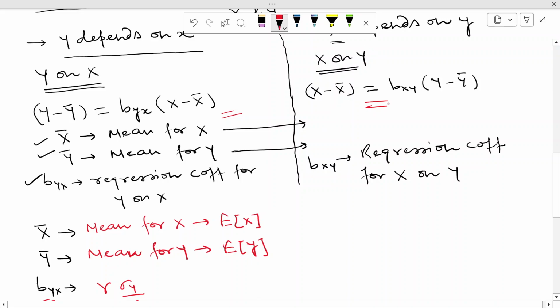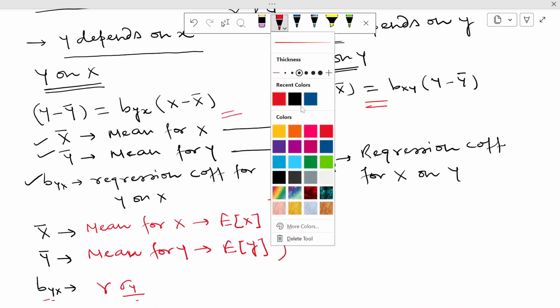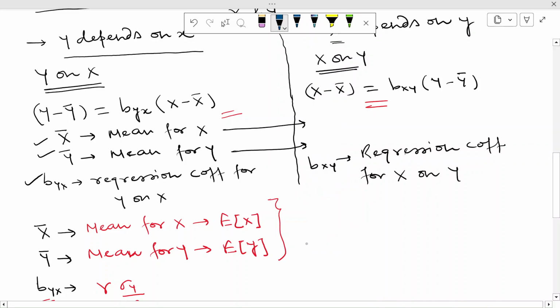So now coming back to this second line, which is x on y. Here x bar and y bar have the same meaning, which we have already discussed. Now how do we obtain the value of bxy? bxy can be obtained by r times sigma x over sigma y.